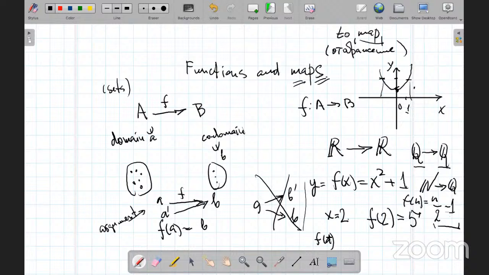You can't say I don't know, you can't say there is no such value, and you can't say there are actually two values. It's one definite value, and that's what distinguishes a function among more general kinds of conceptual things, which are called relations, that we'll touch upon a bit later. Okay, so that's how a function generally works. Once again, in school you only study functions of that form. However, we may consider functions somehow more generally.